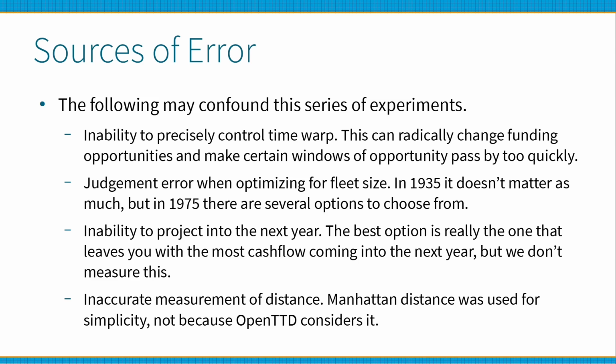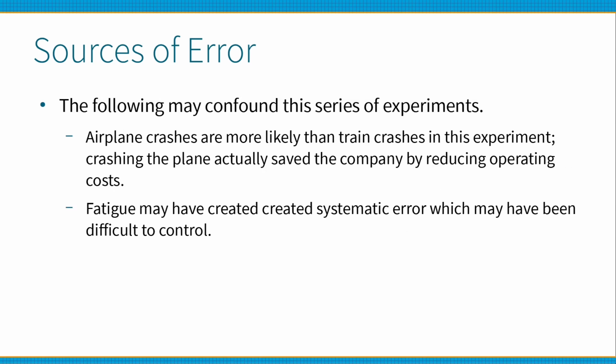And of course, we don't project it to the next year, and this is important because you will invariably make more the next year if you're already in the positive. Another thing to consider: we're using Manhattan distance because it's simple, not because OpenTTD really uses it.